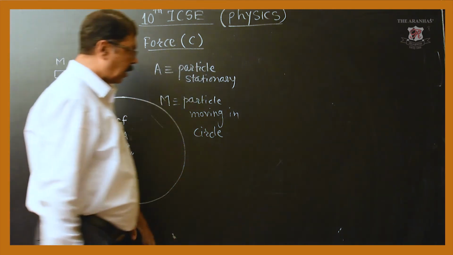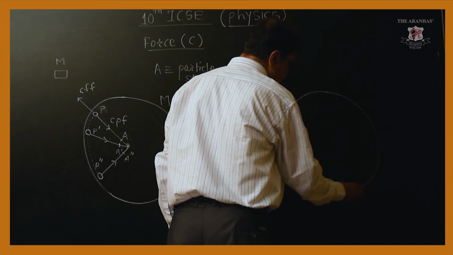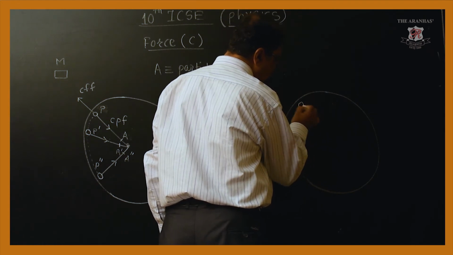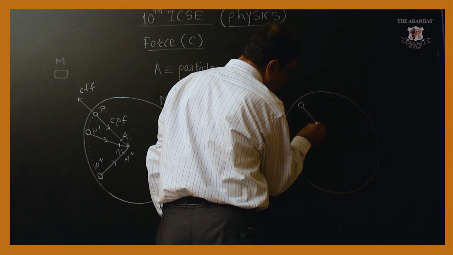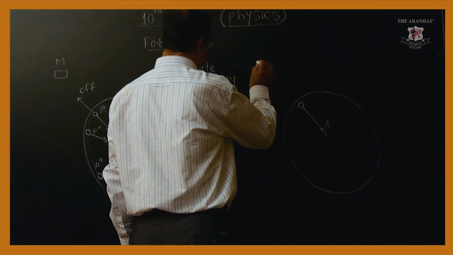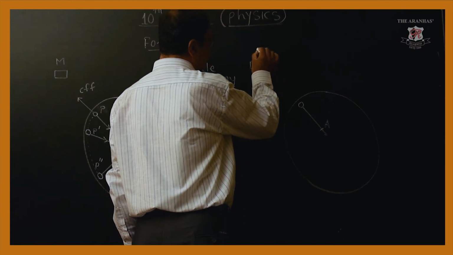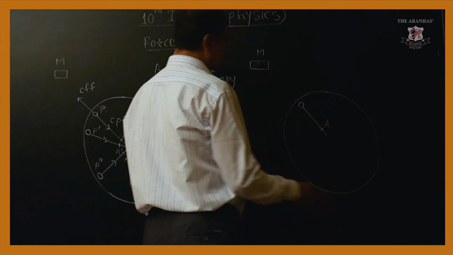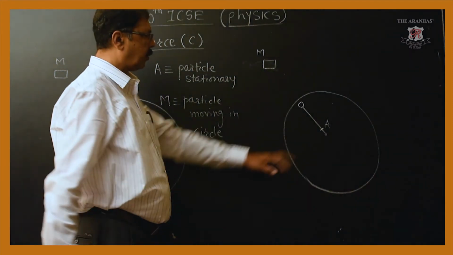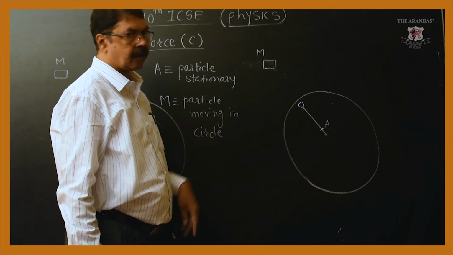Imagine the same situation. I am drawing the second diagram here. Now, when the table is stationary, this person will observe it stationary, and he will also observe it stationary.